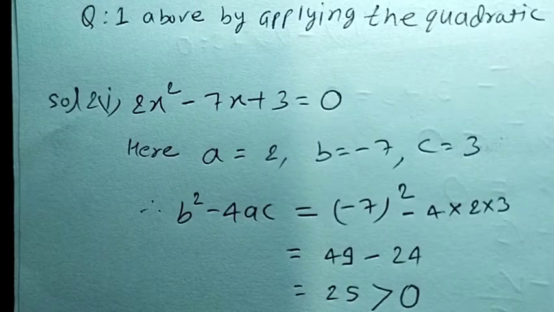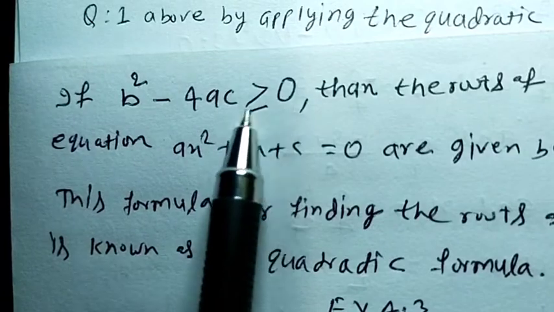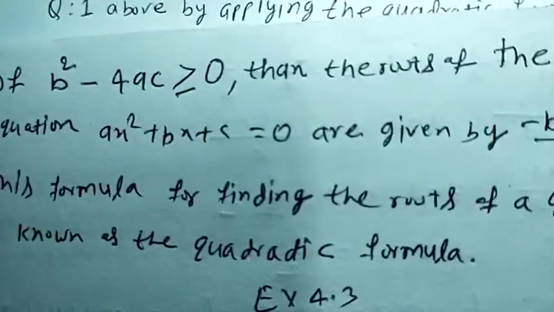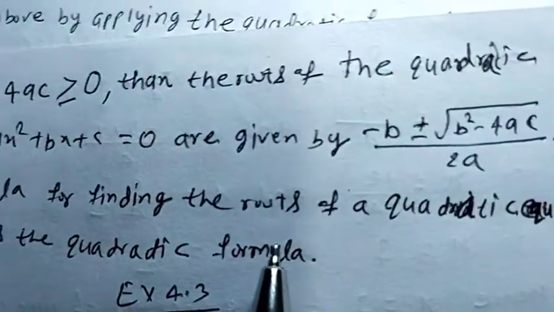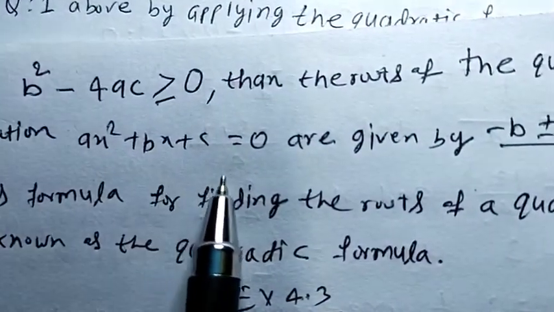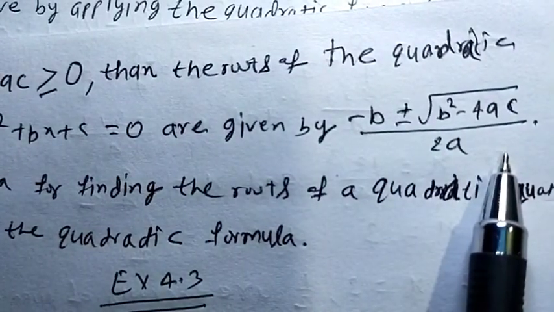So according to the formula, if b square minus 4ac is greater than or equal to 0, then the roots of the quadratic equation ax square plus bx plus c is equal to 0 are given by minus b plus minus root under b square minus 4ac by 2a.